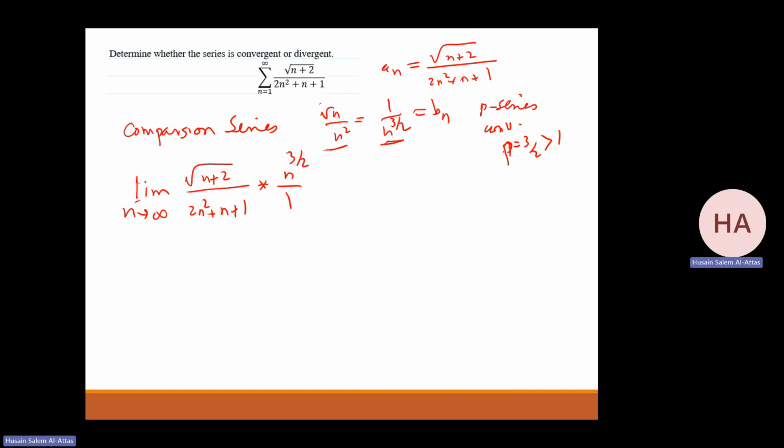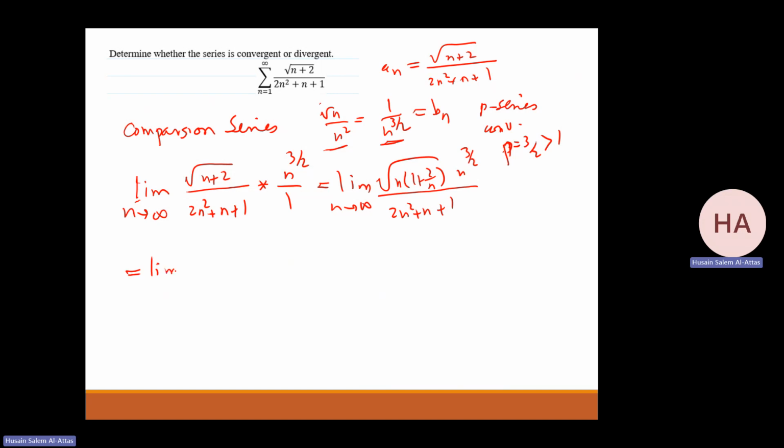I take the reciprocal of this. Now I will do this trick for the square root. Take n as a common factor. I have 1 plus 2 over n, times n to the power 3/2 over 2n squared plus n plus 1.